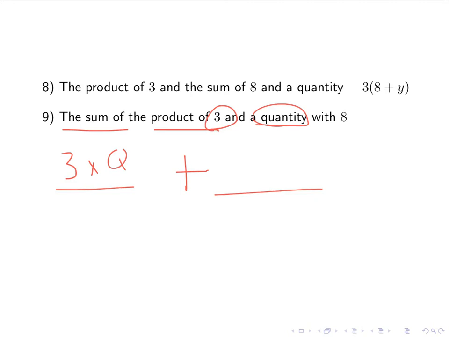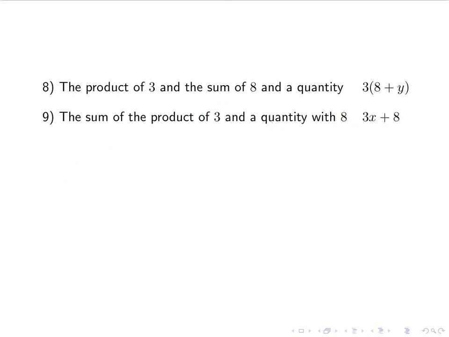And I'm going back to the sum with 8. So it's the sum of something with 8. That something is the product of 3 and the quantity. So I have, again, the product of something and a sum, and the sum of a product and something. So you really just got to be careful about the way that it's written, because these two things are very, very different, even if I had used the same variable.